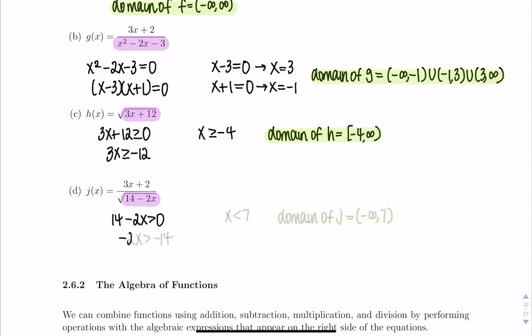So we have negative 2x is greater than negative 14, and so x is now less than 7 because we divided by a negative number. So the domain of j is negative infinity up to 7.